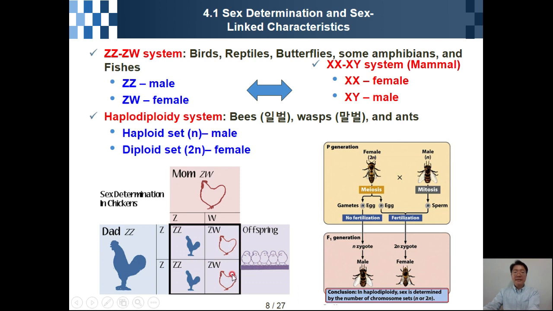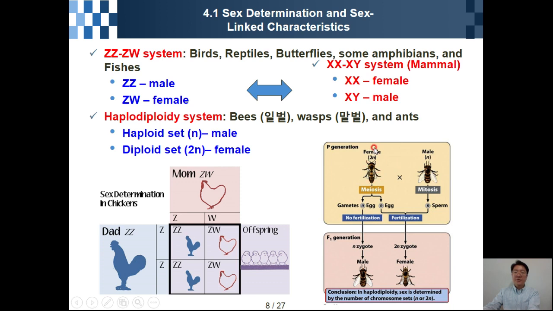Okay, so how about another system, the haplodiploid system, which occurs in bees, wasps, and also ants. So the haploid set, haploid N, is male, and diploid, 2N, is female.